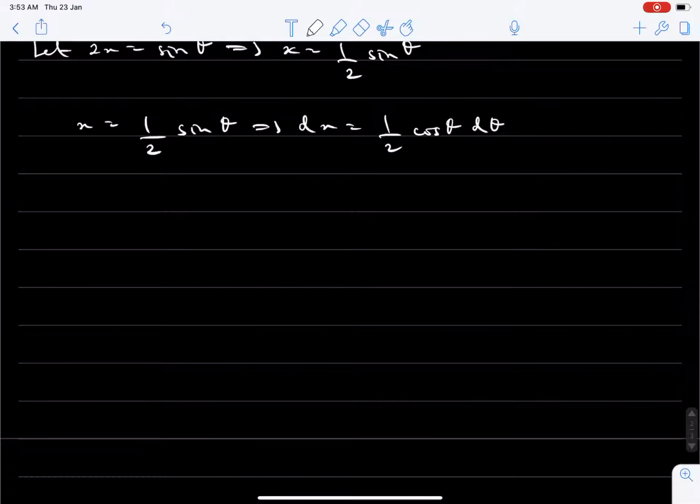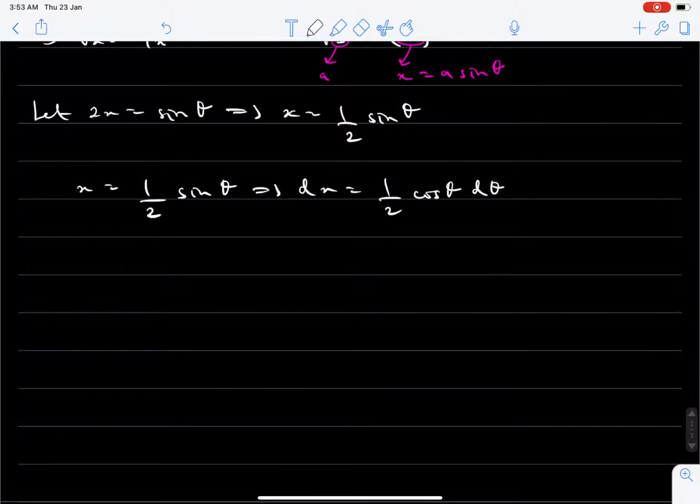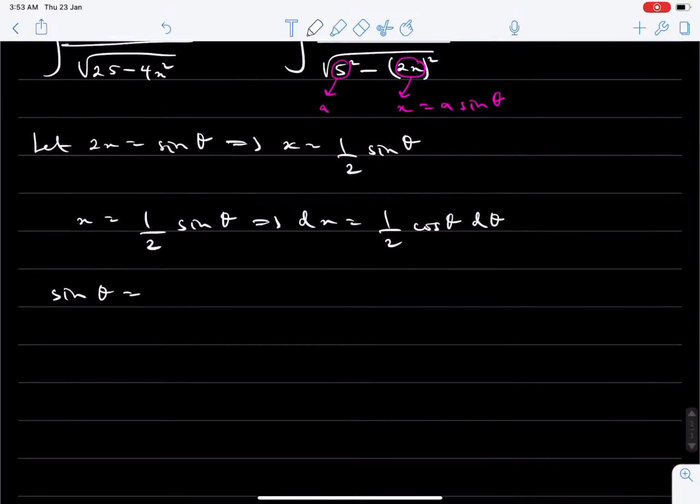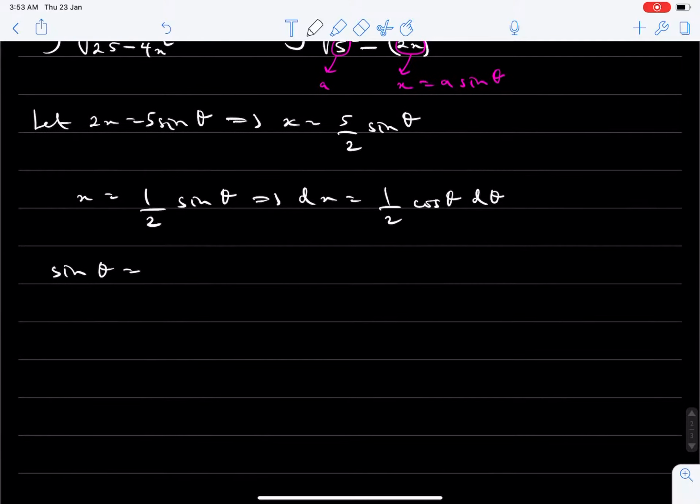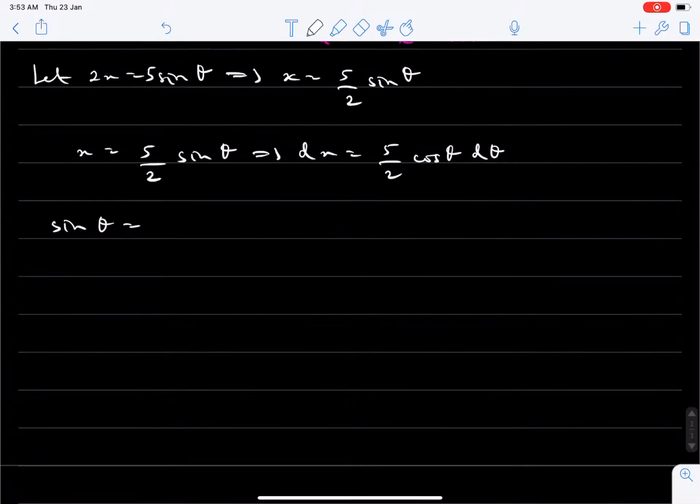At the same time, let 2x be equal to 5 sine theta. So that means x itself is 5 over 2 sine theta, and dx is 5 over 2 cos theta d theta.